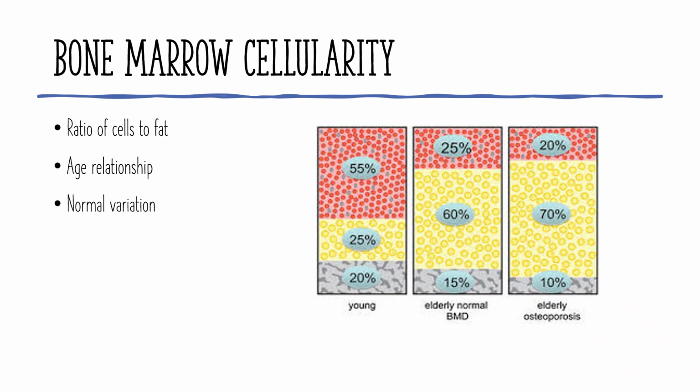Now we arrive at one of the most important interpretive concepts in marrow evaluation, cellularity. Cellularity refers to the ratio of hematopoietic cells to fat within the marrow space, and this ratio changes naturally with age. Young individuals have highly cellular marrow because hematopoietic demand is high. As we age, fatty replacement increases and overall cellularity decreases.